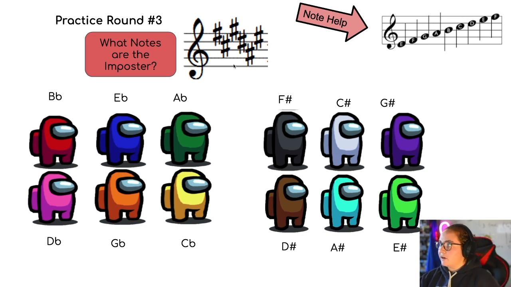Here we go. Whoa. That's a lot of imposters. Alrighty. Now, here's a trick. When they start, if you notice something, we see F, that's going to be our first imposter. C is going to be our second imposter, because those ones were also in the last example. But then we add this up top, and that's actually not featured here. So if I go 1 higher than F, we're going to have our good buddy G sharp, so purple, right?